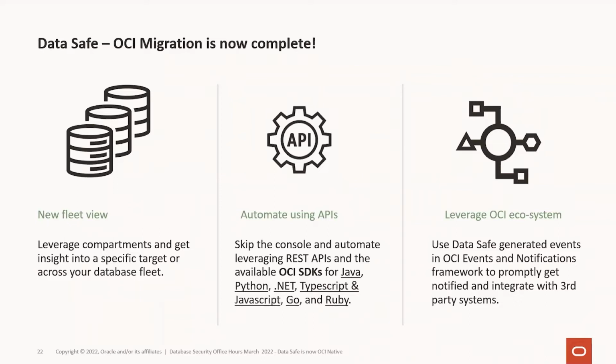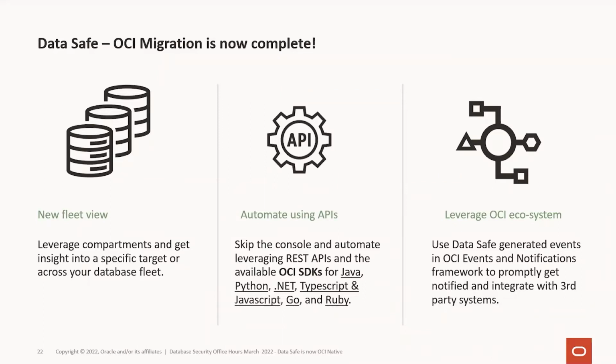Another thing that moving to the OCI console has done for us is that within OCI, it doesn't matter whether it's DataSafe consoles or anyone's console in OCI, almost anything you do through that web user interface has a REST API exposed that you can use to automate.